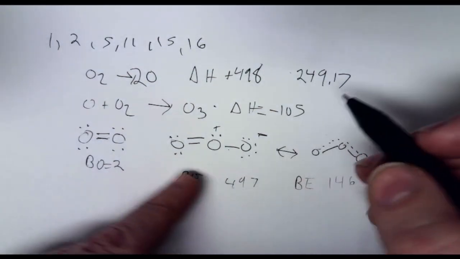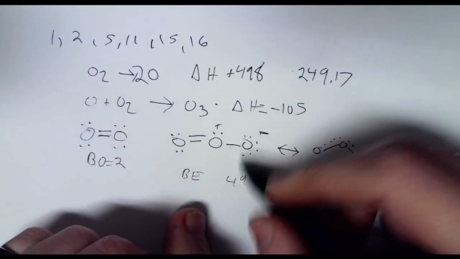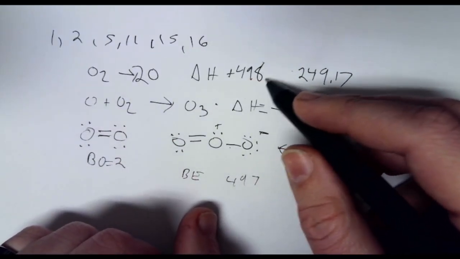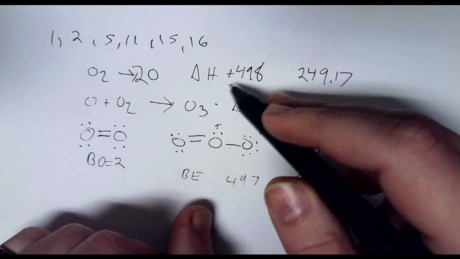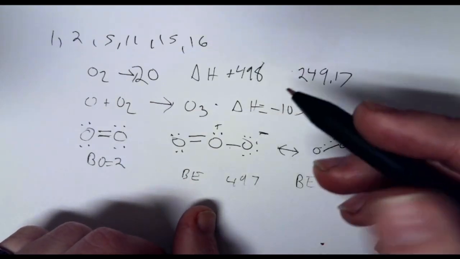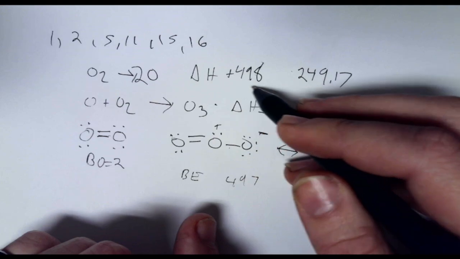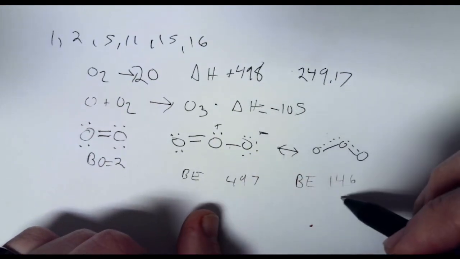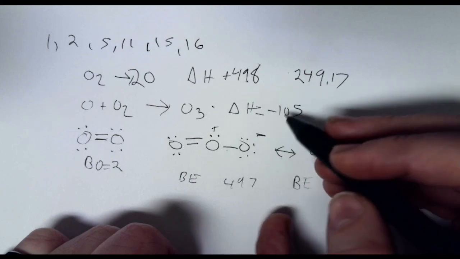Yet we don't quite see 146 or 490. We see 497 essentially there, which matches up pretty close to the enthalpy we get from the tables. So this one matches up reasonably well to what you would expect. But this one doesn't match up as well. It's 39 kilojoules off.